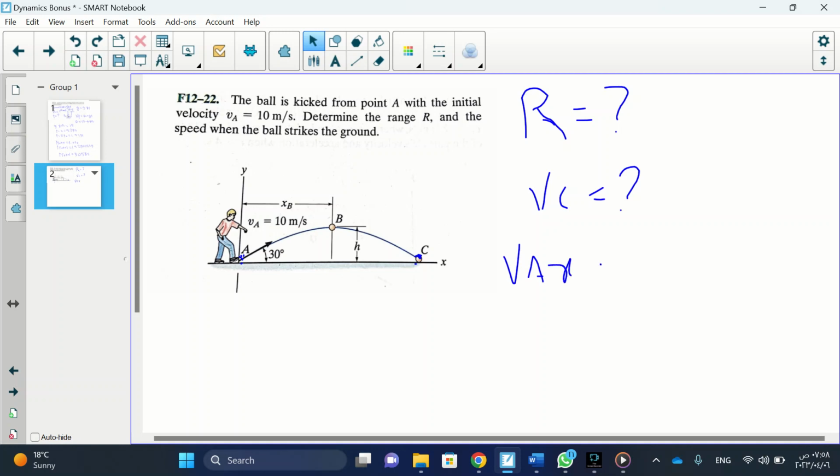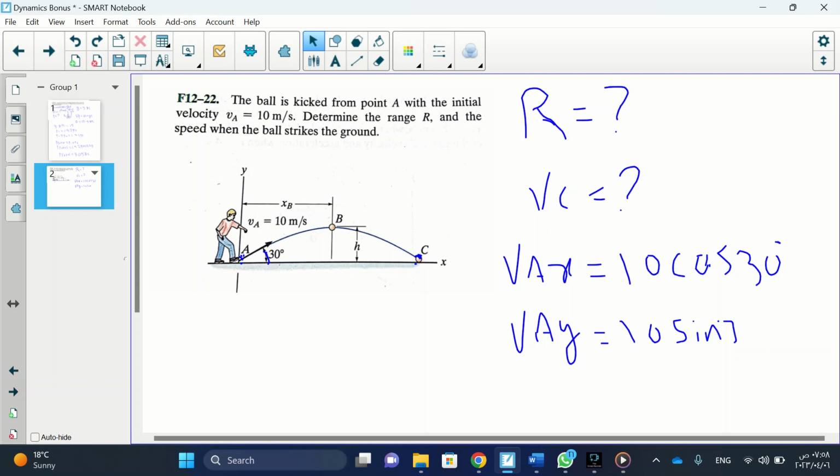VAX equals 10 cosine 30. Why is it cosine 30? Because there is an angle, as you can see, and VAY is equal to 10 sine 30.